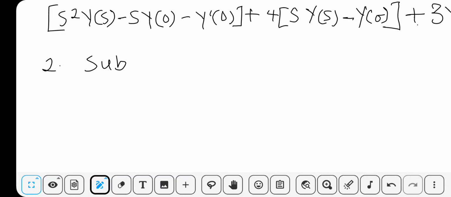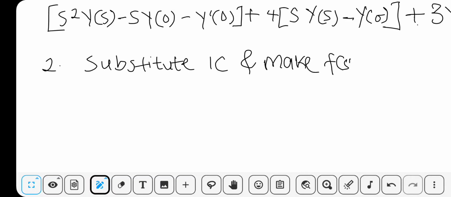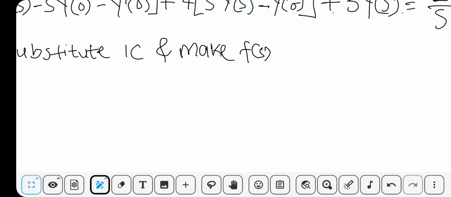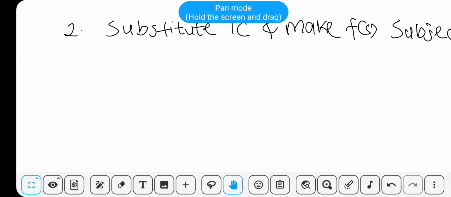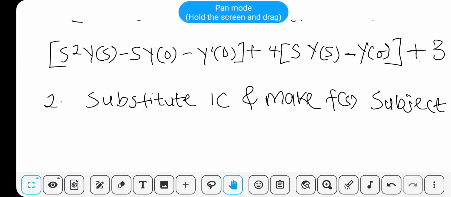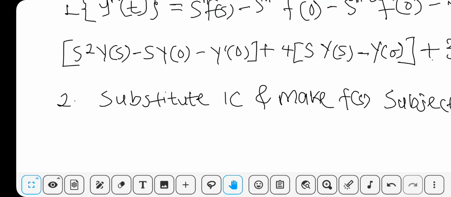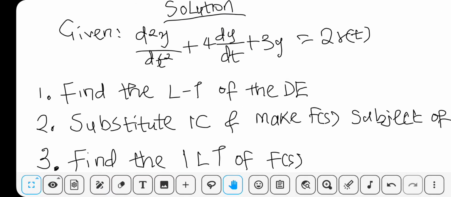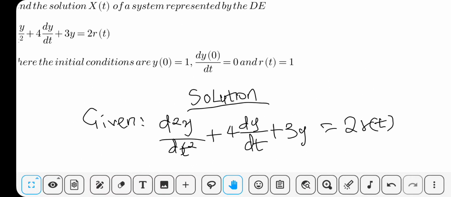So now substituting initial conditions, if you could remember, the initial conditions were y of 0 is equal to 1 and y prime of 0 is equal to 0.